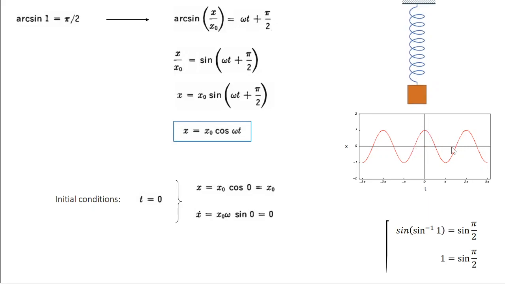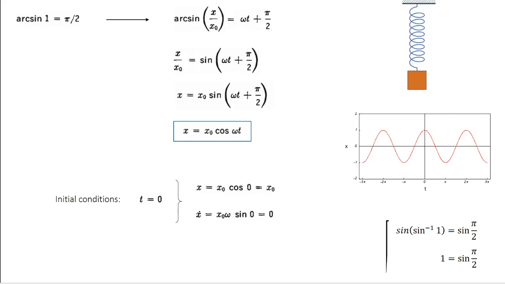The displacement increases and it reaches the maximum point, and from the maximum point it starts decreasing. It comes to the equilibrium position, then it moves in the opposite direction. The displacement increases. Once again, the restoring force tries to bring it back to the equilibrium position. So displacement decreases, it goes to the equilibrium position. So always the restoring force tries to bring your system towards the equilibrium position. So you have a sinusoidal movement.